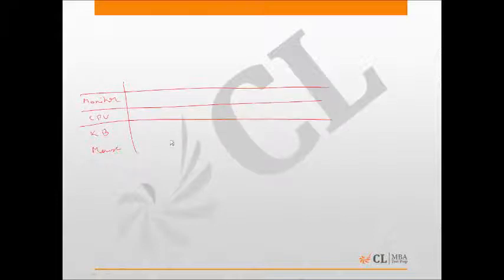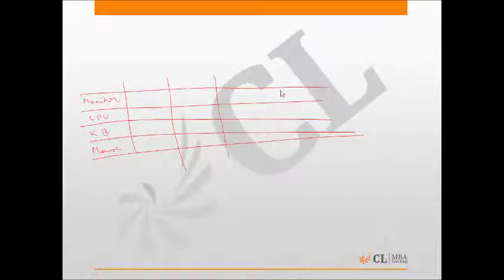Okay, so now we can start preparing the matrix for this. I will write the four parts: monitor, CPU, keyboard, which I'll write as KB, and mouse. Fine, so this will be my table, with rows one, two, three, and four.